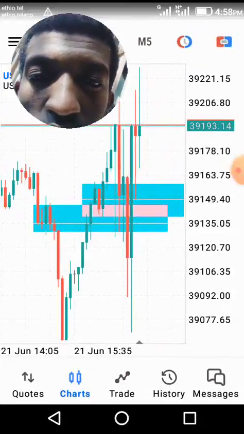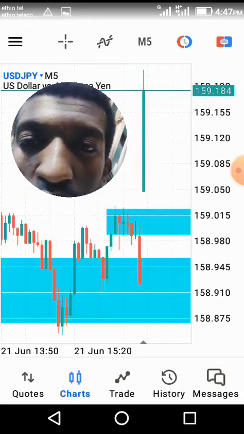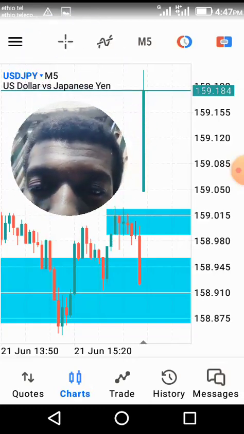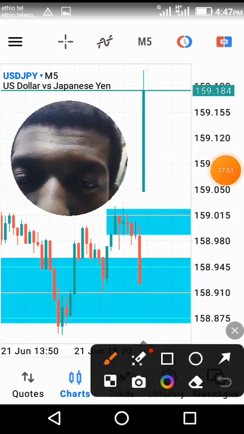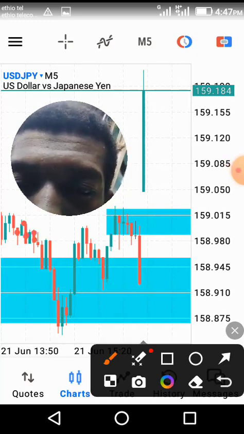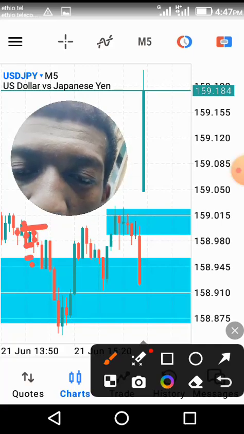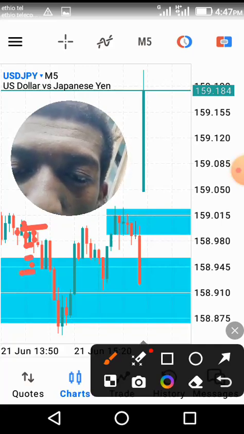So this is it. Let's go to the newest. This is Dollar again on the 5-minute time frame. So really the sell started up there. 1, 2, 3, then 1, 2, 3 down there. The sell started down there. Measure your TP. TP is most likely down there, not hit.